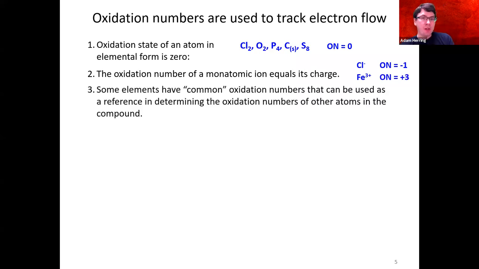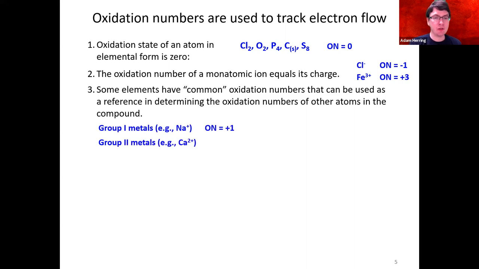Then, when you have elements that are in molecules, they will have common oxidation numbers that can be used as a reference point for determining the oxidation numbers of other elements in that same compound. So group 1A metals always have an oxidation number of +1 when they're an ion.